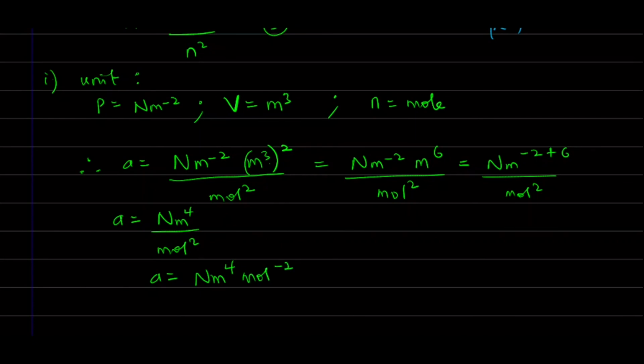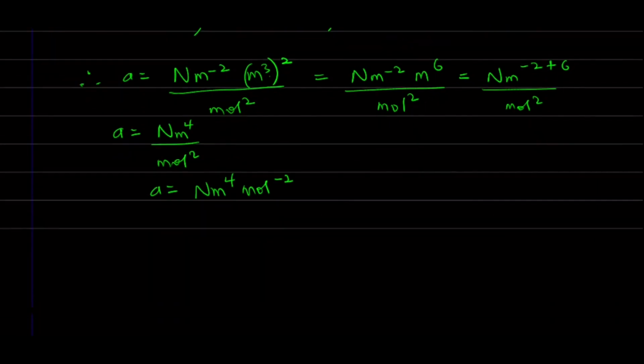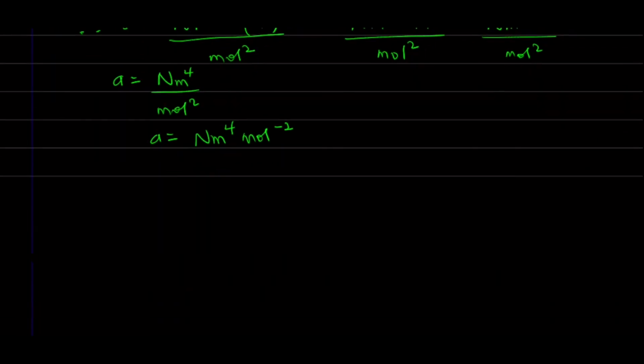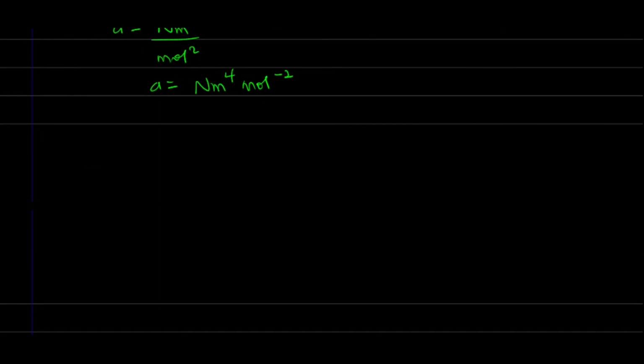What is the unit of A? Let's look at the dimension of A as well. For the dimension of A, we are still going to use the equation that we derived for A, that says that A is equals to PV square over n square. That is the equation that we derived for A, that's equation 3.